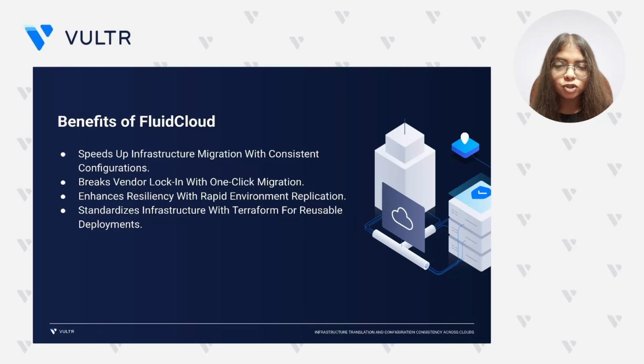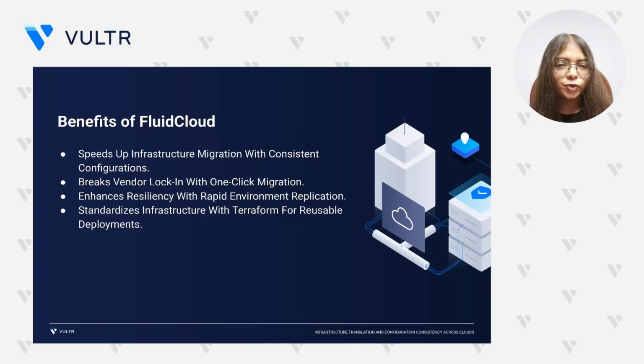FluidCloud delivers tangible operational advantages by tackling the core challenges of multi-cloud migration. It accelerates migration timelines by automating infrastructure translation and deployment, reducing manual work and minimizing the risk of error. By enabling one-click migration, it breaks vendor lock-in, giving teams the flexibility to easily reprovision their infrastructure on Vultr.